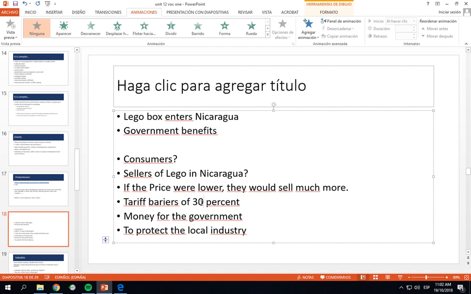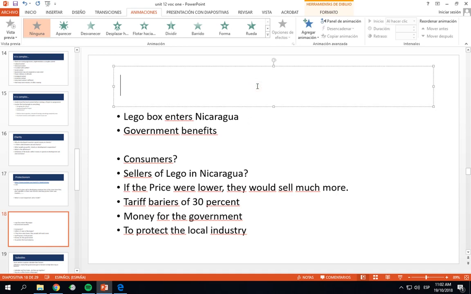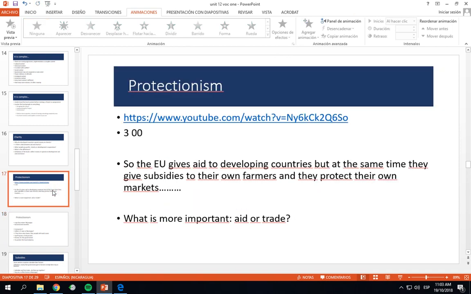However, there are no Nicaraguan companies who produce LEGO, so in this case it doesn't make sense. But you could call it protectionism: to protect your own industry with a tariff barrier. What I'm trying to say is this tariff barrier is actually bad for the development of developing countries.